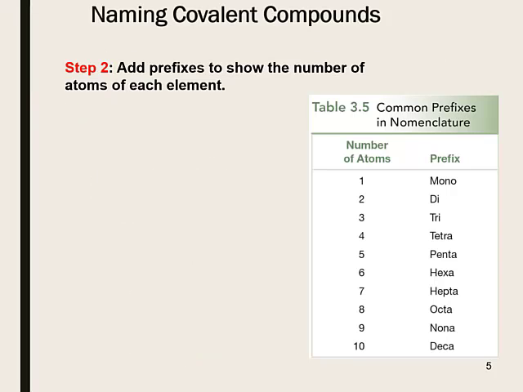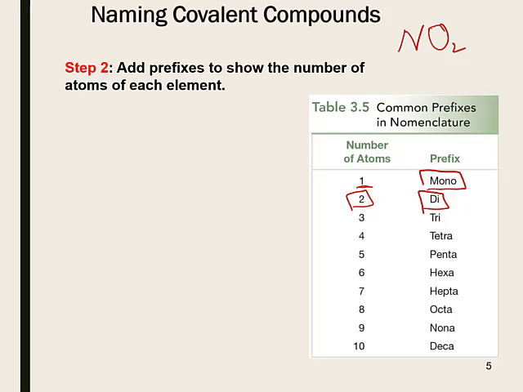In step number two, we will identify how many atoms of each nonmetal are present, and we will add a prefix to show the number of atoms of each element. For example, in the first case we had NO2, so we had one nitrogen and two oxygens. The prefix for one is mono and the prefix for two is di.